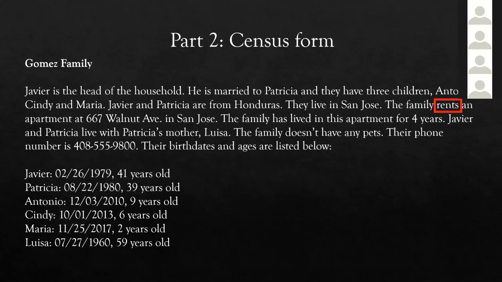So you just need to know, this is an apartment, but they rent. What's their telephone number? 408 555 9800. Remember, this is going to be a writing, so you don't have to speak for this part.